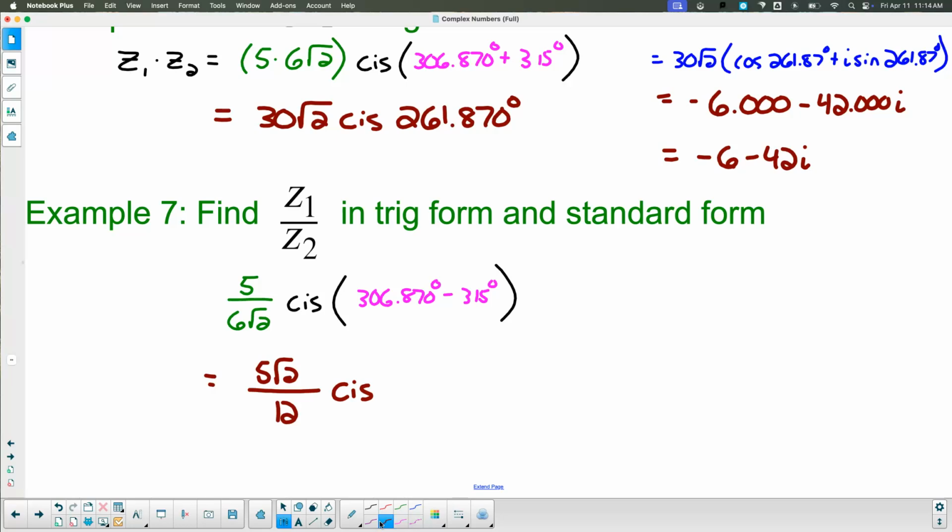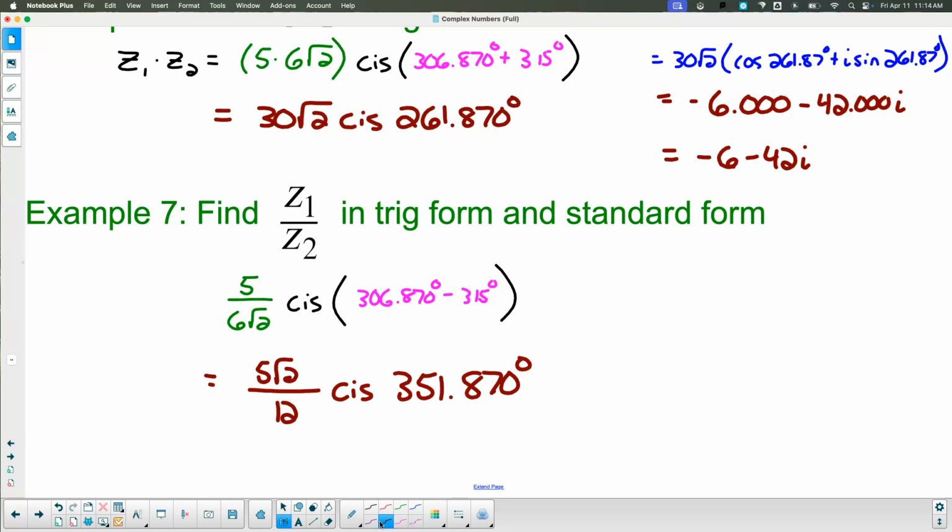Cosine I sine of, so that's going to be like a negative 9. So we're going to have to add 360 to get that. Okay.